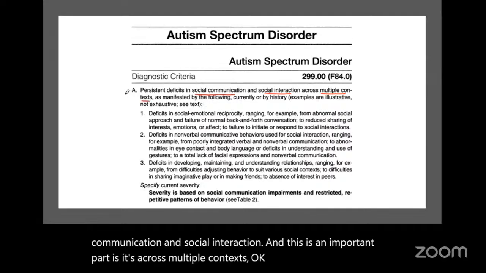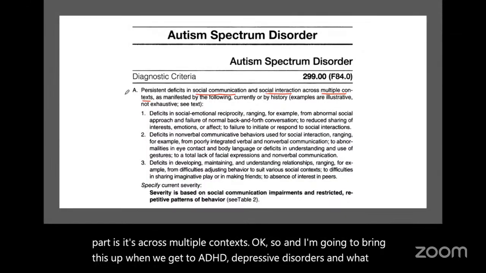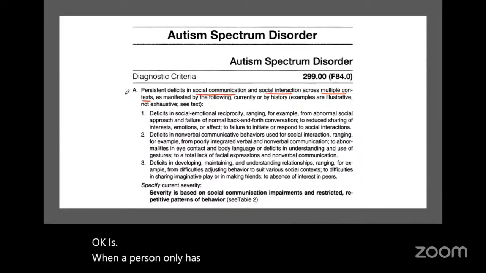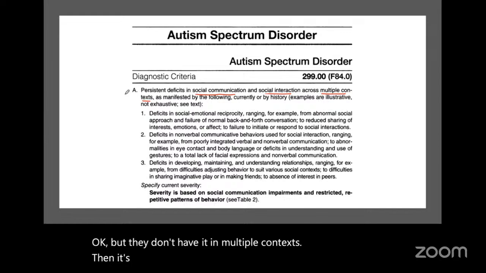I'm going to bring this up when we get to ADHD, depressive disorders and whatnot, okay? It's when a person only has symptomology at one place, but they don't have it in multiple contexts, then it's something to do with that situation.